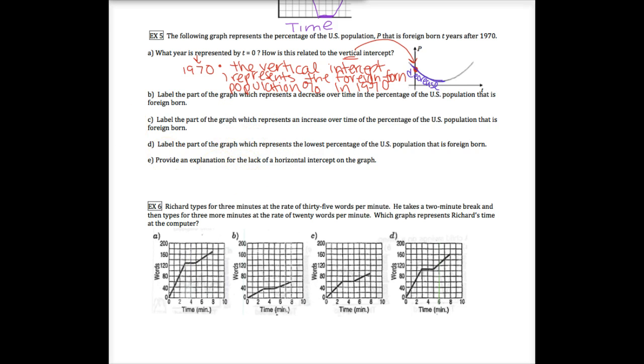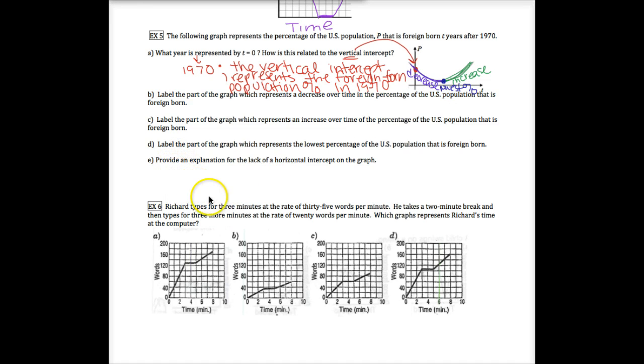Then it wants to know when we have an increase. Label the part of the graph which represents an increase over time. So that would be on the other side. This is an increase. Label the part of the graph which represents the lowest percentage of U.S. population being foreign born. So that would obviously be at the bottom. So that's the lowest percentage.